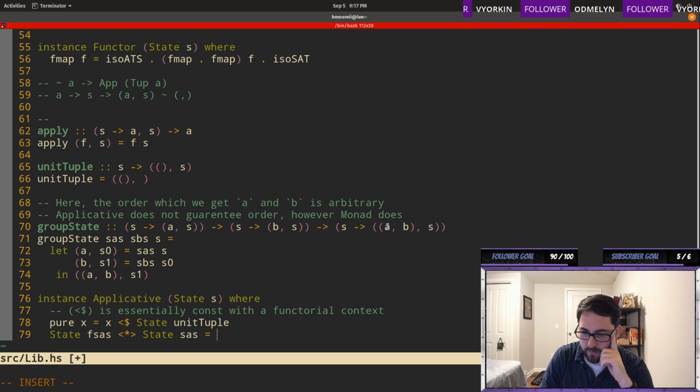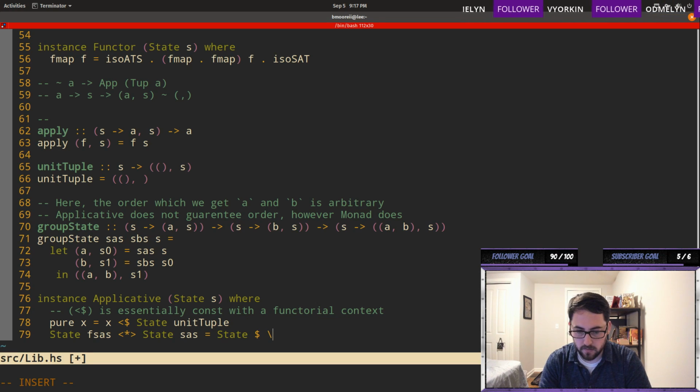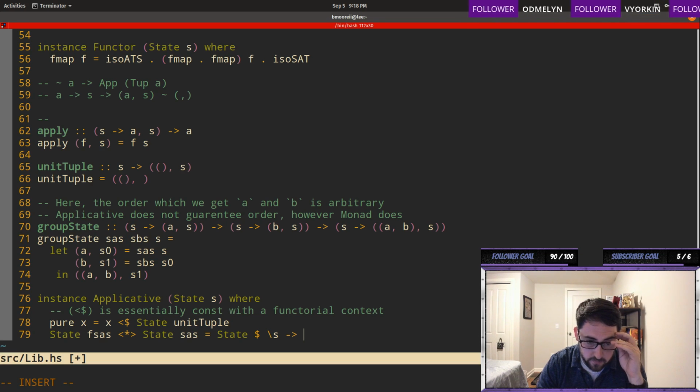And really, this just becomes a function, and this becomes, we're going to say, I think, state. No, I think I'm doing this wrong already. I think that I need to fmap group state.